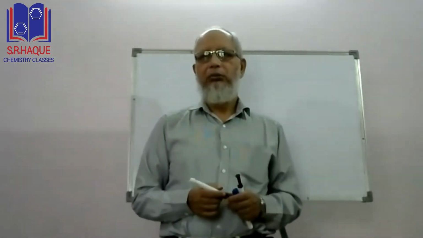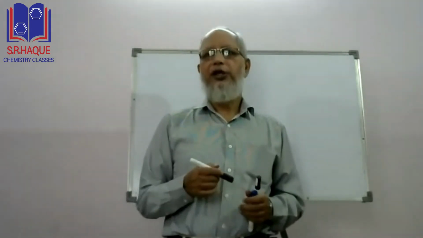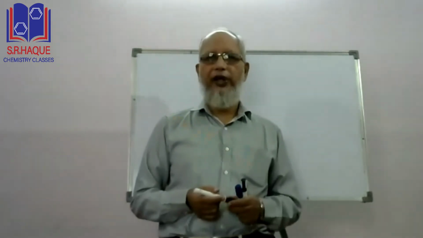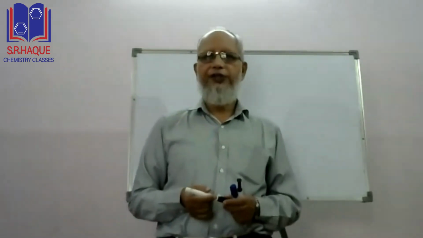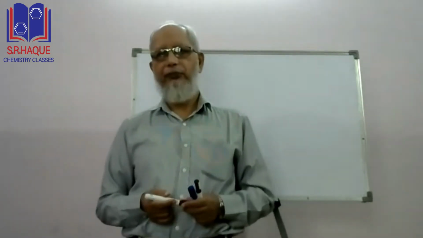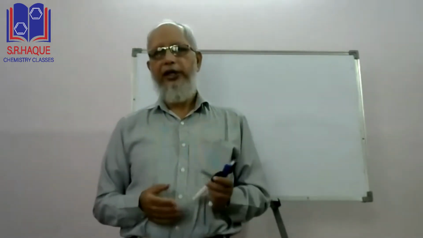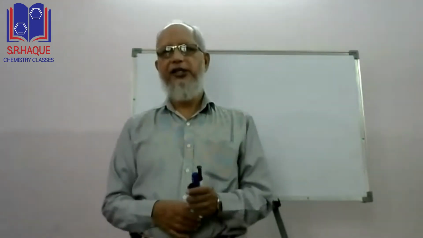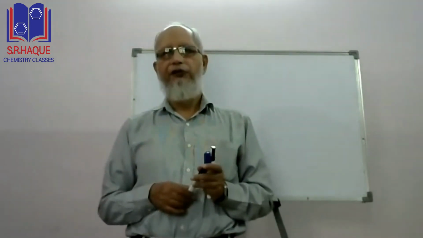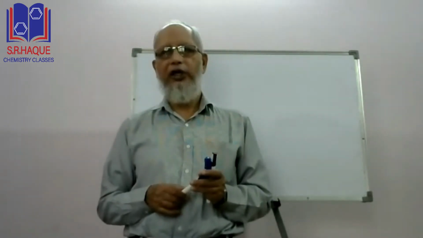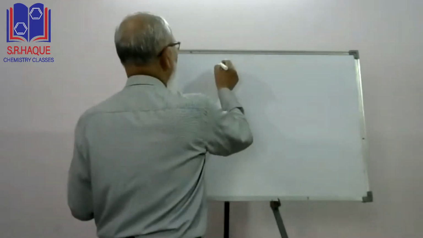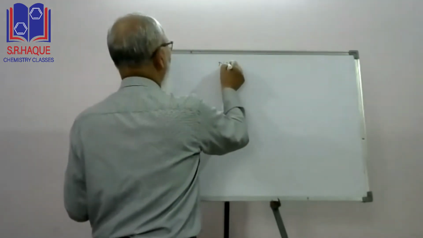So the atom which is giving electron changes into its corresponding positive ion, and the atom which is gaining electron is changed into the corresponding negative ion. And these positively and negatively charged ions are held together by an electrostatic force of attraction, which is known as electrovalent or ionic bond.